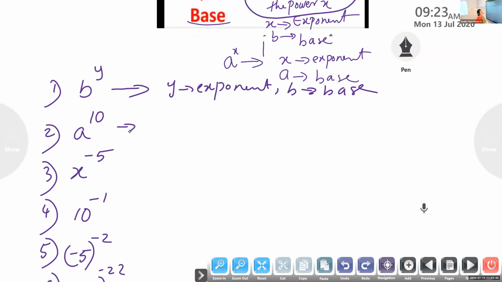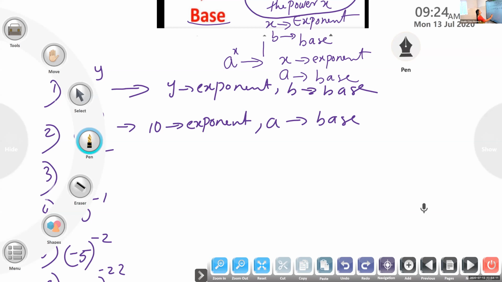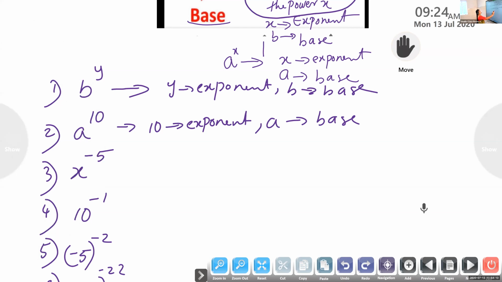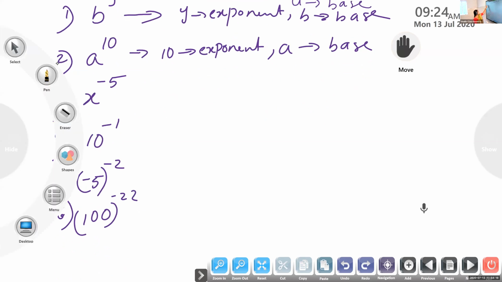Second question, A raised to 10. Okay, Saiba, here which is exponent and which is the base? 10 is exponent and A is the base. Okay, good. Third question is x raised to -5.